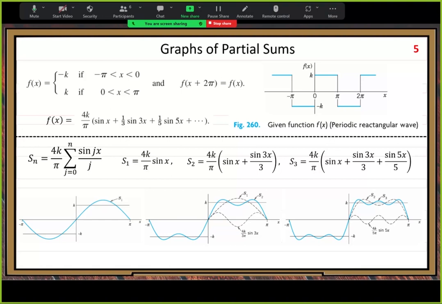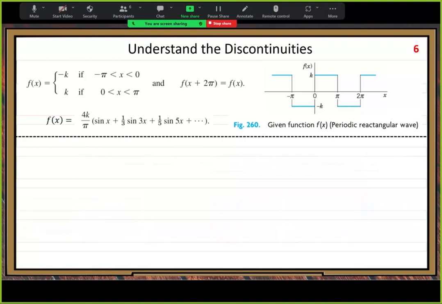It looks right. The trigonometric series, the Fourier series expansion, gives the general form and the shape. Pretty good.